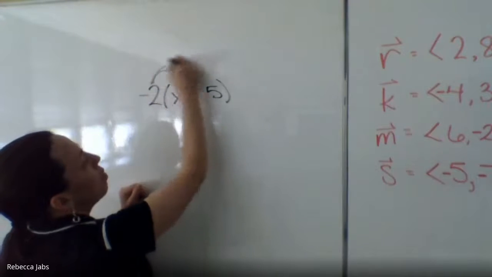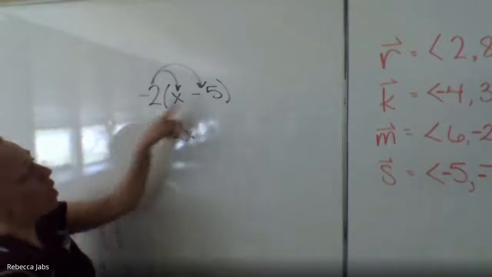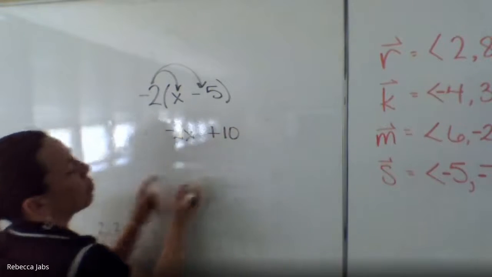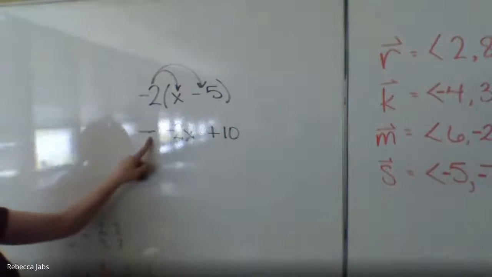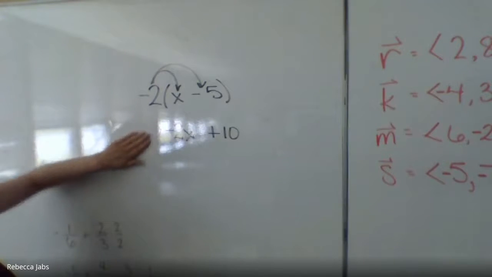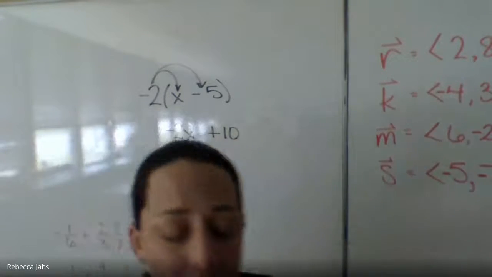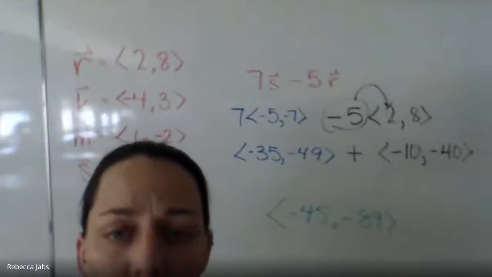If I distribute this negative 2, there's still a negative 2 here, but because of how I distribute this and it becomes a plus, I don't leave a negative out in front here anymore. Because I distributed, the negative has now become there, and it's like this negative went with each part, okay? And so please make sure that you're careful when you're doing that.